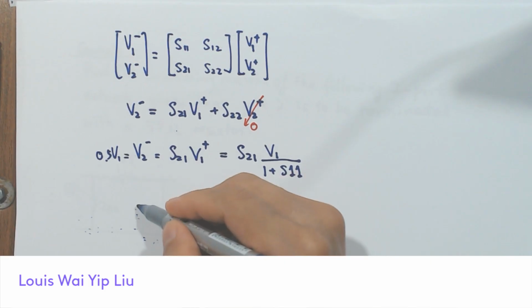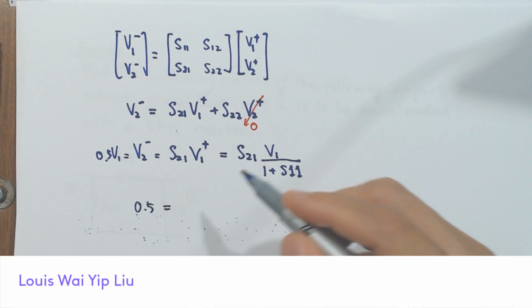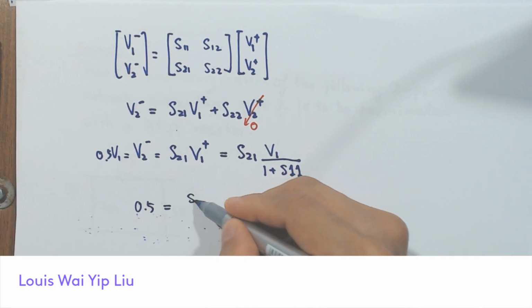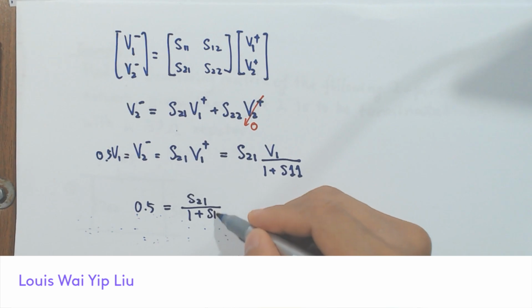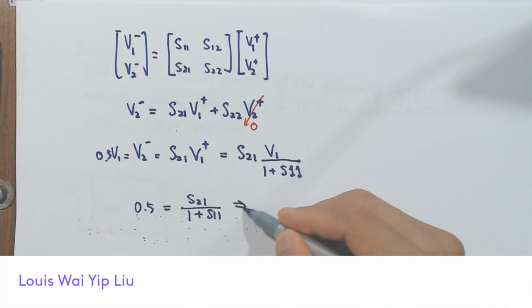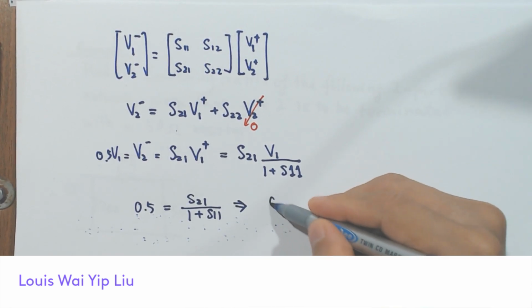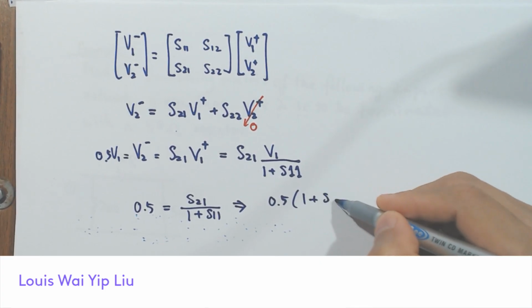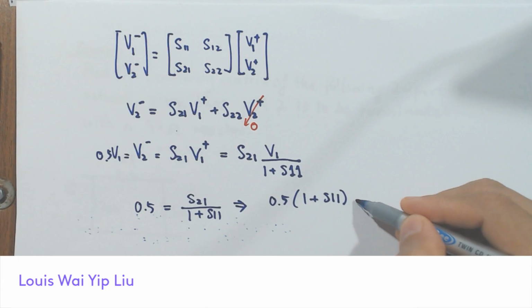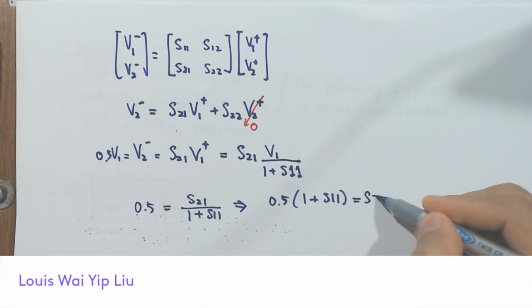So 0.5 is equal to S21 plus S11. And from here, we can say 0.5 plus S11 is equal to S21.